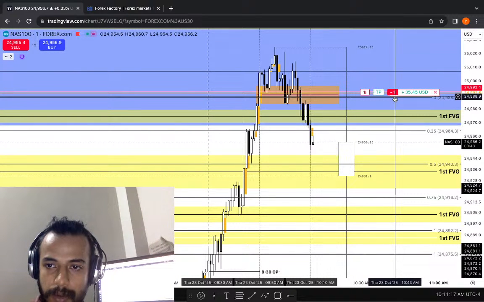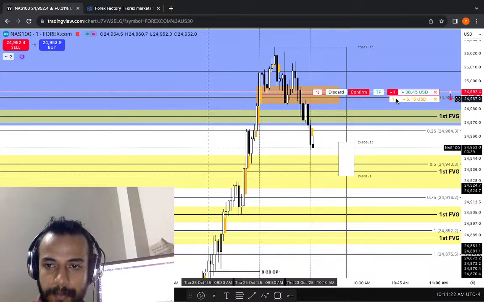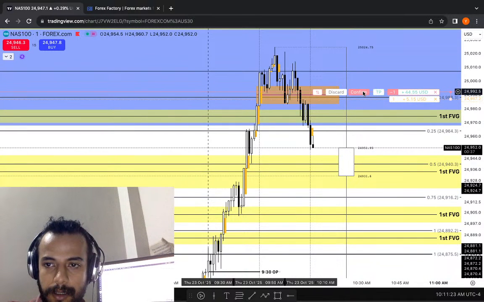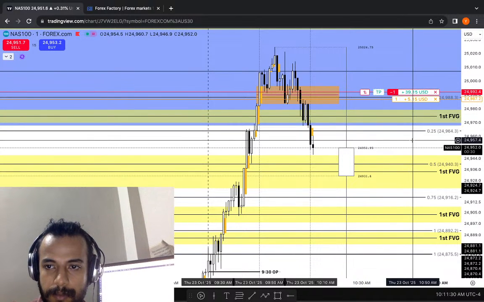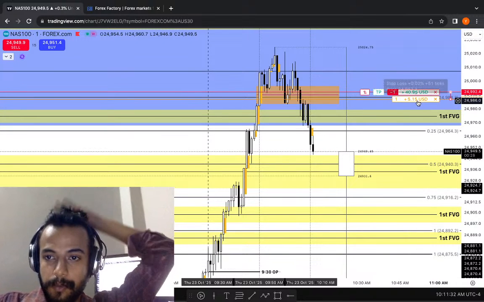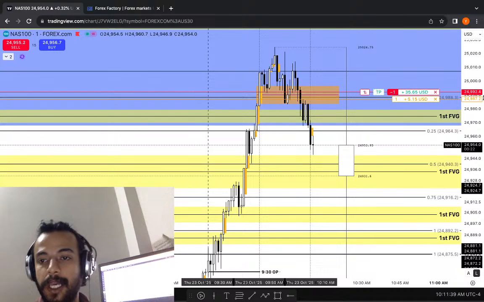Now I would like to increase my profit objective. Yes. I have increased my positive stop out. Okay. So now this is the best position to be in as a trader.